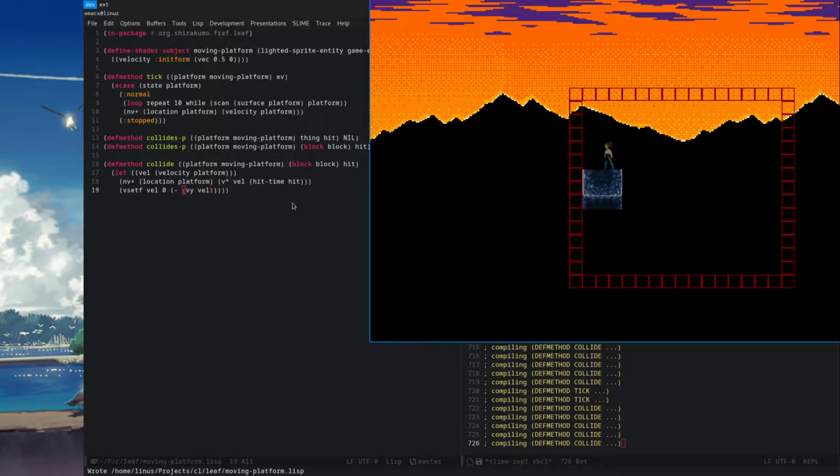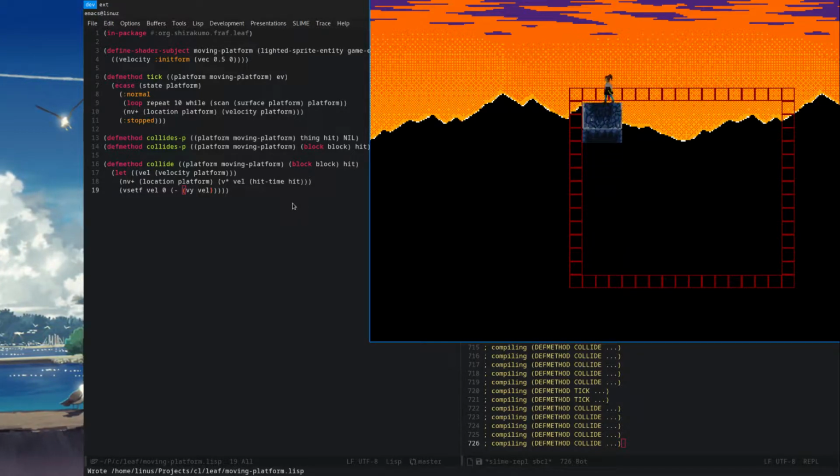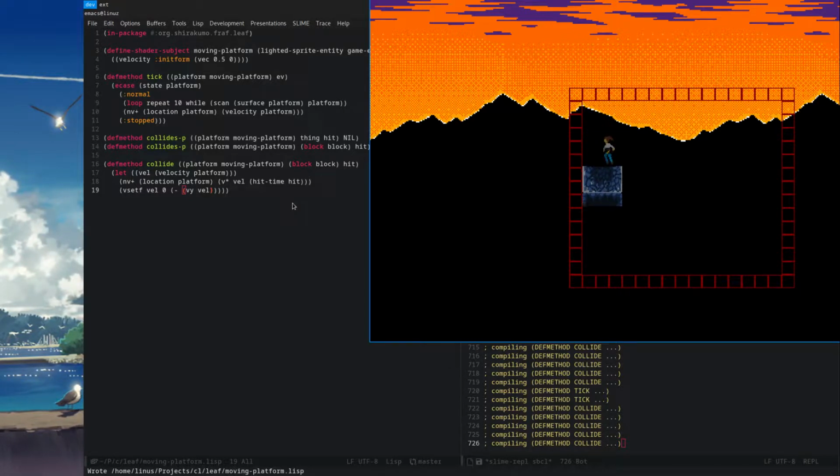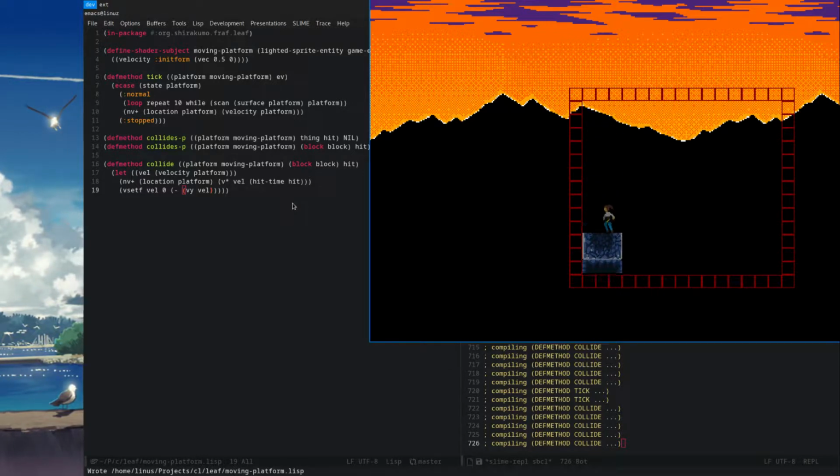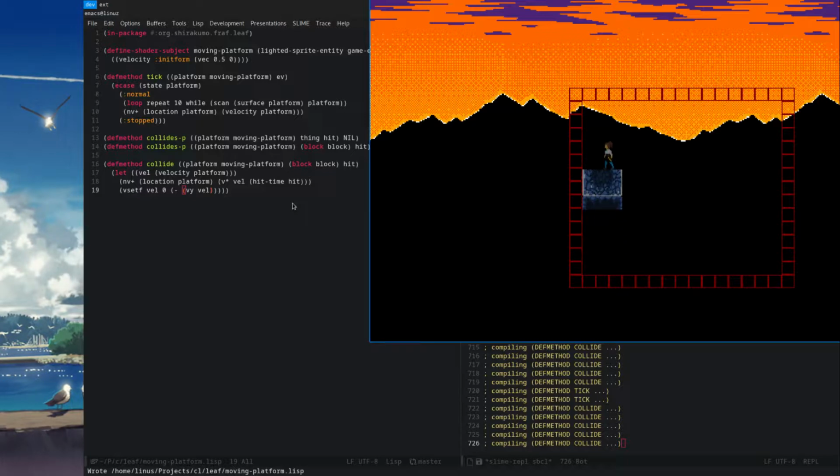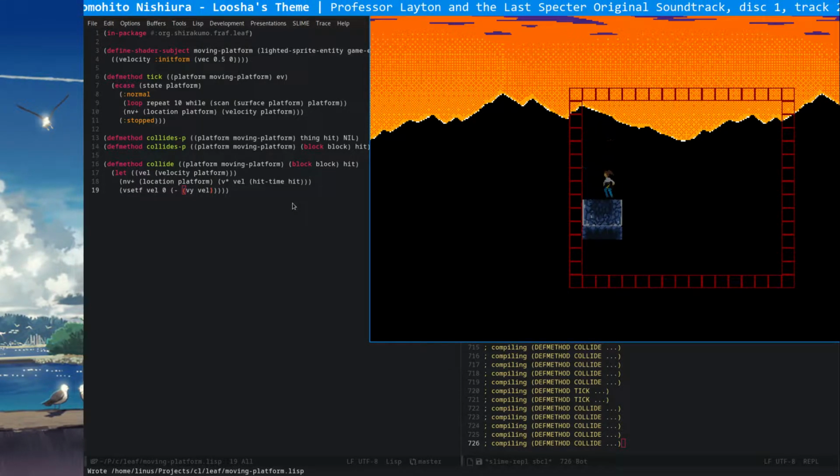I guess the problem is because in the next step, there's a collision and it moves along with the platform, right? And they're positioned exactly right. And so they're both moving down.